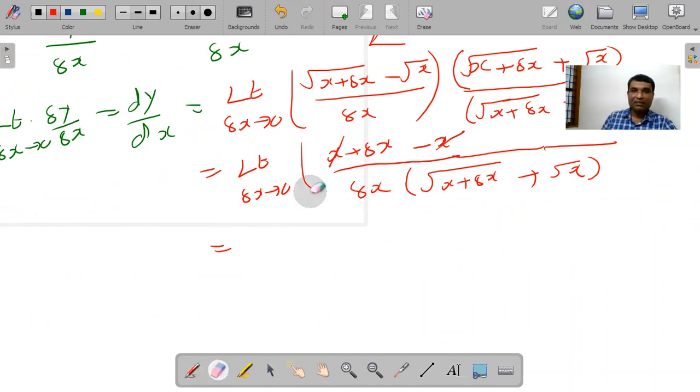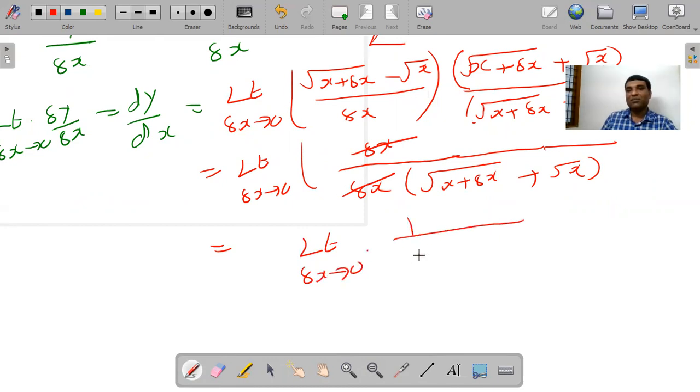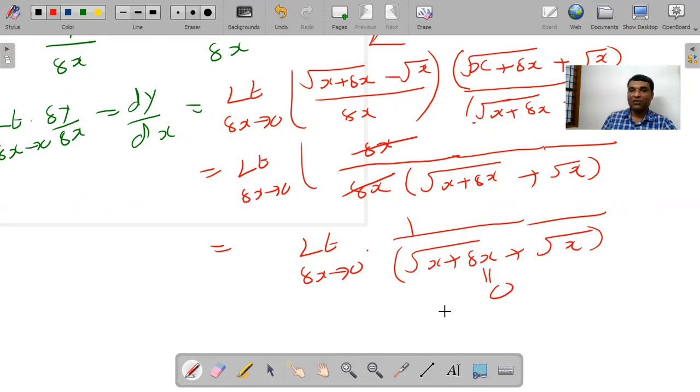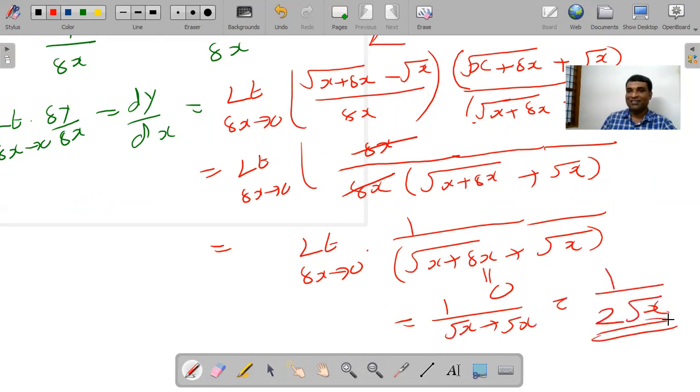Here delta x and delta x are cancelled. Now apply the limit. The remaining term is 1 divided by the square root of x plus delta x plus the square root of x. Applying the limit, the delta x term becomes 0. So the remaining is 1 divided by root x plus root x, that is 1 by 2 root x. This is our result.